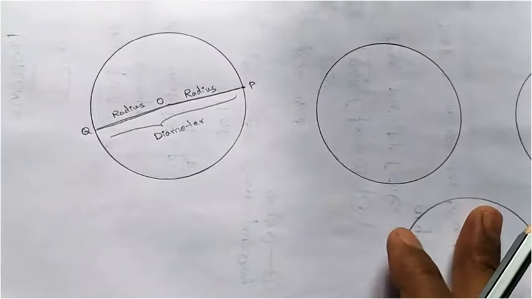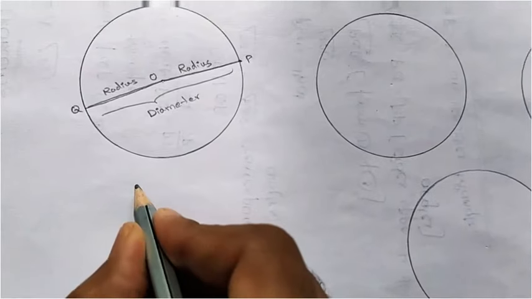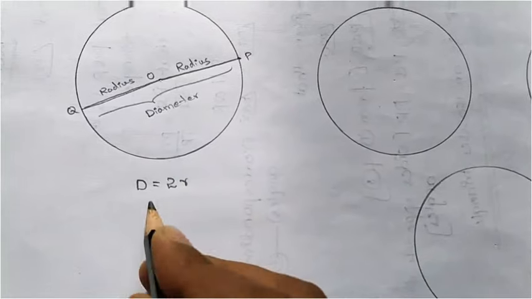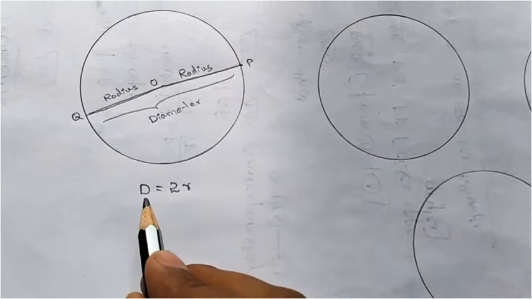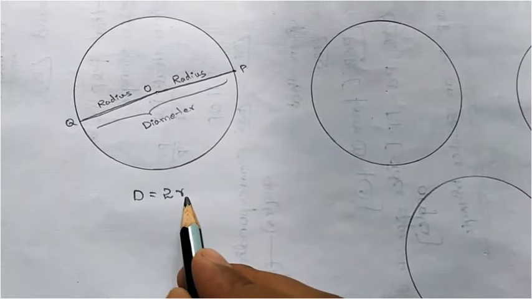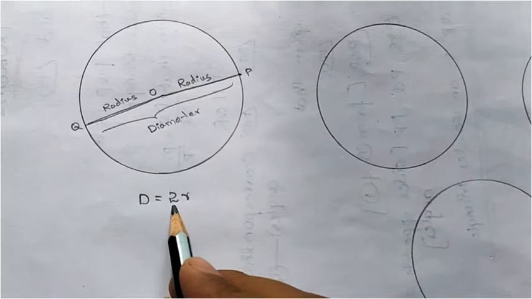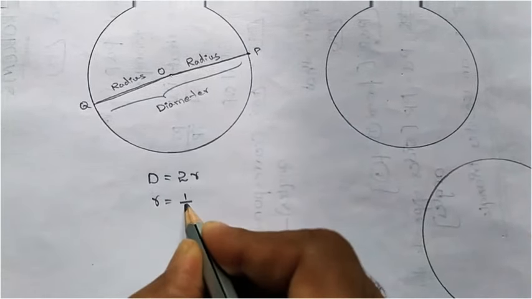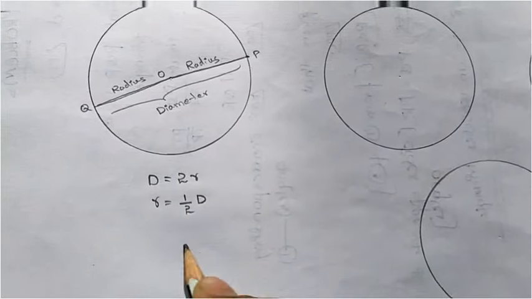Here one formula we can take, that is D equal to 2R. D means diameter and twice radius means 2 radii. Or else R equal to 1/2 diameter.